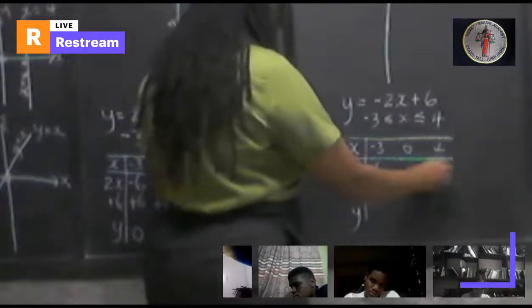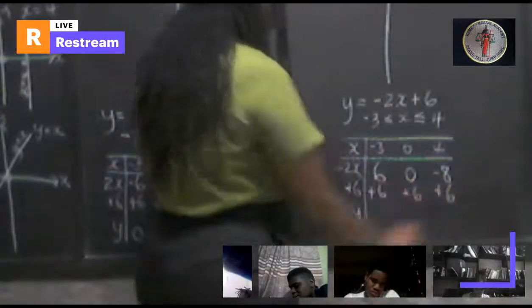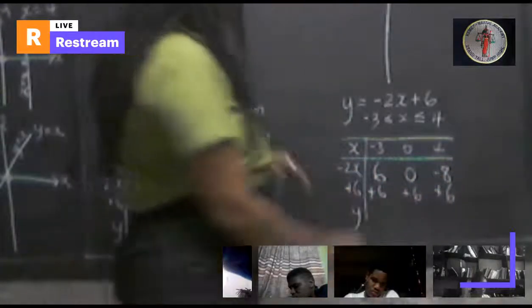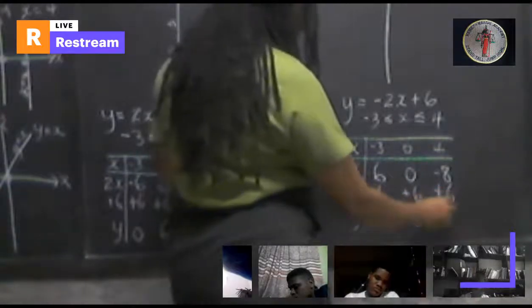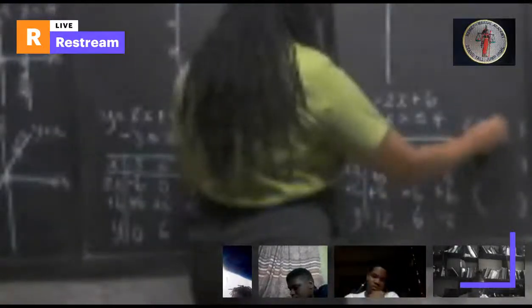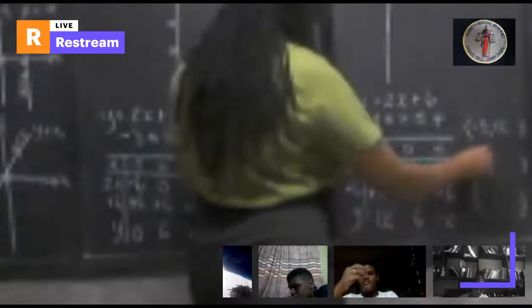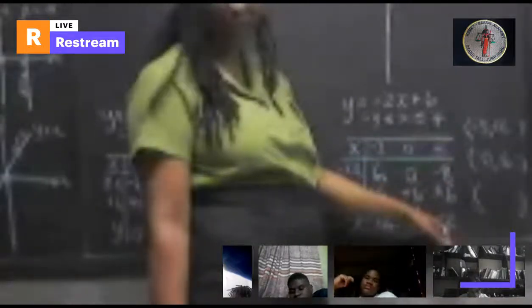And we're going to add 6. So now we will have 12, 6, and -2. So the coordinate pairs will be -3, 12; 0, 6; and 4, -2.